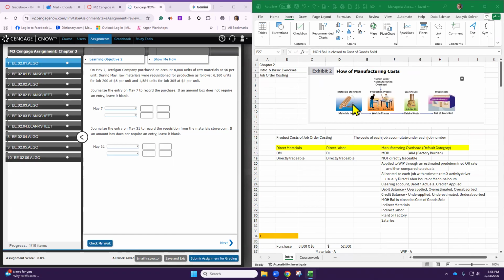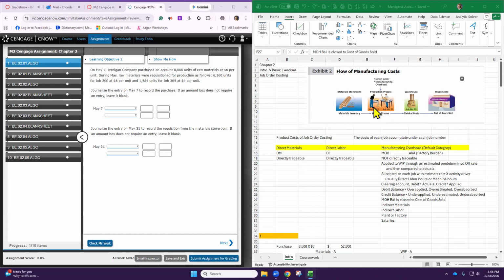So once again, this is our inventory account for materials. This is the production process, which is known as work in process. And notice when materials are requisitioned to WIP, once they get to WIP, they're given a job number. Job numbers usually go in sequence.